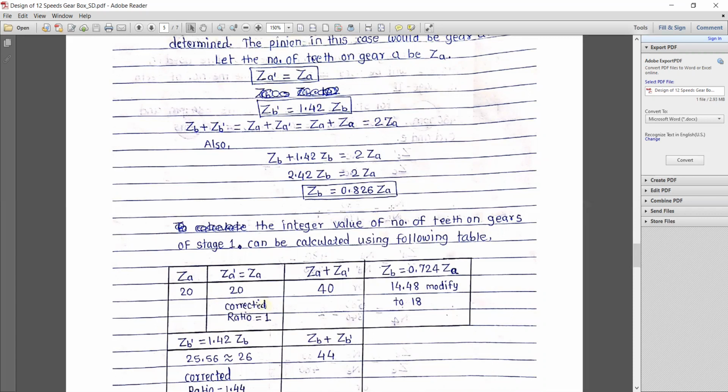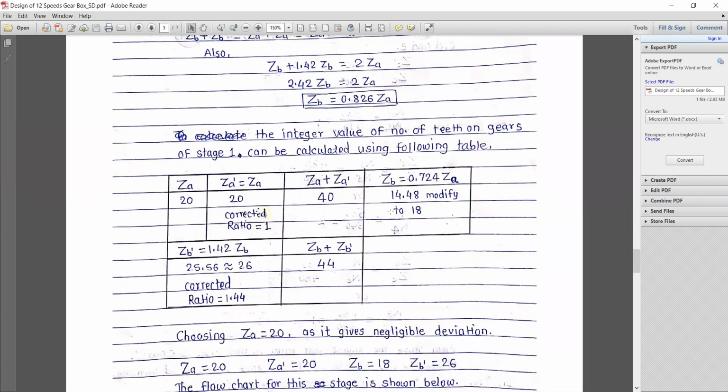Now about ZB. If we calculate, ZB is equal to 0.724 ZA, which is 14.48. We need to modify it because the minimum number of teeth on any gear required is 18. So the ZB we are considering is equal to 18.